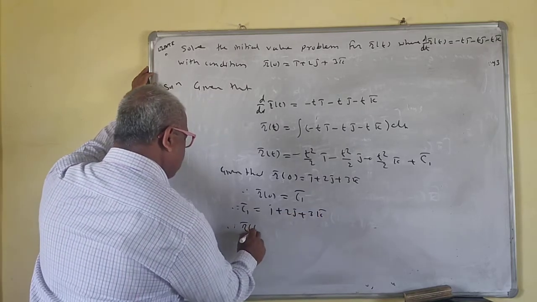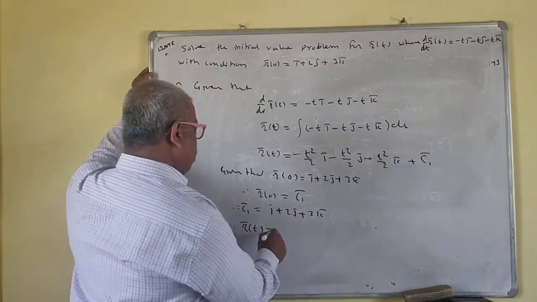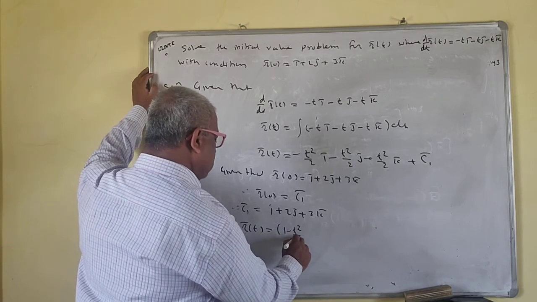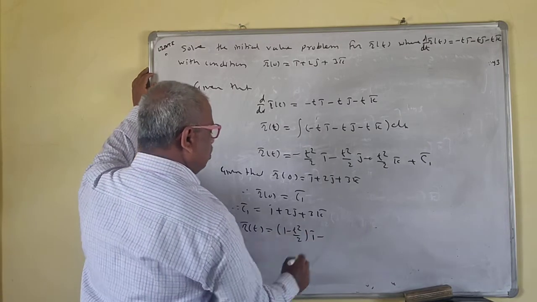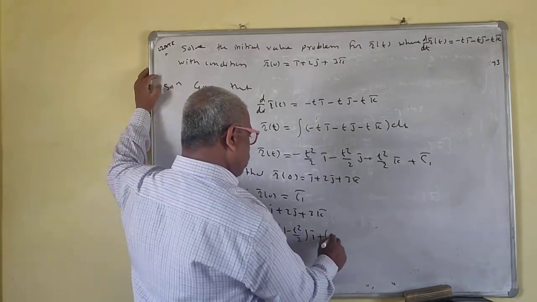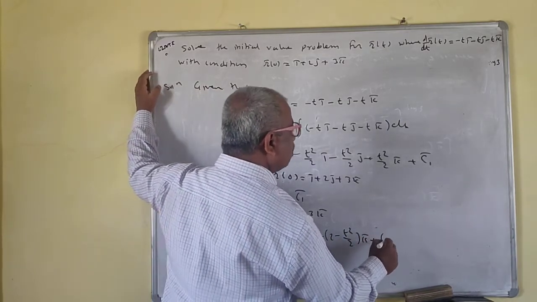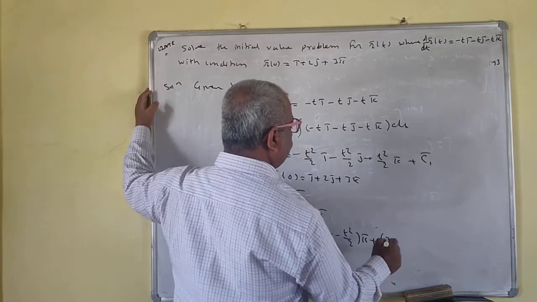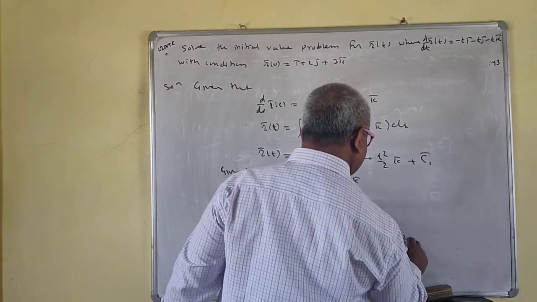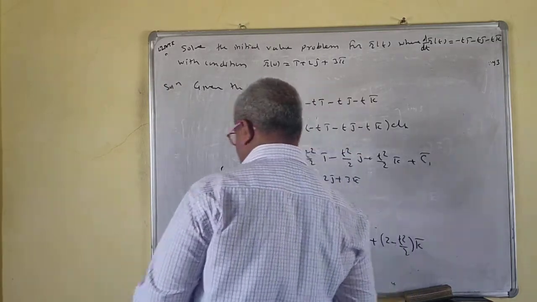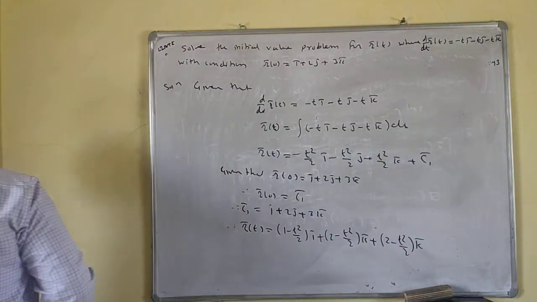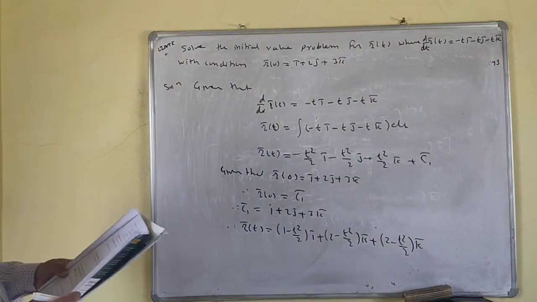Therefore r bar of t is equal to 1 minus t square by 2 I bar plus 2 minus t square by 2 j bar plus 3 minus t square by 2 k bar. This is your r bar of t.